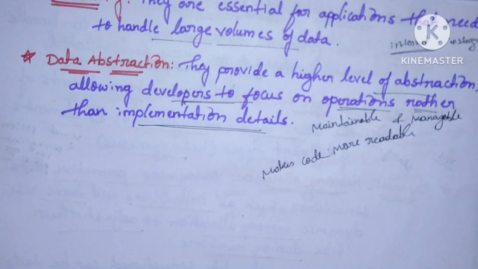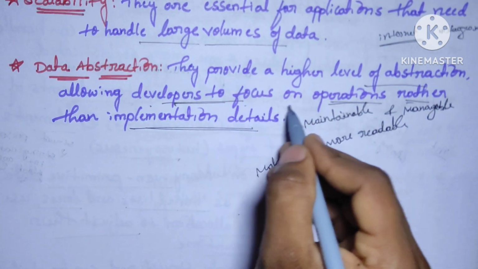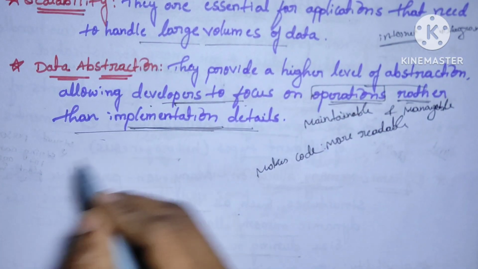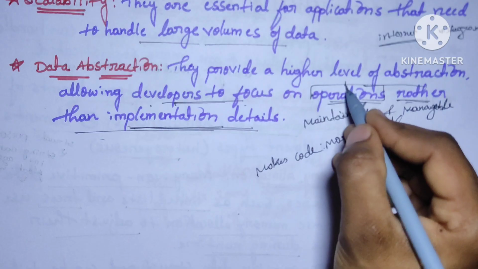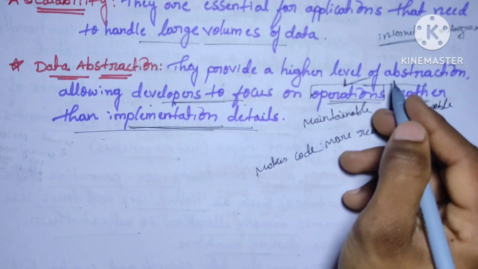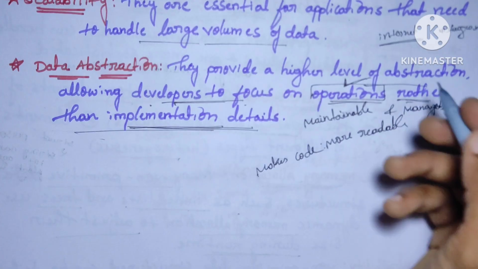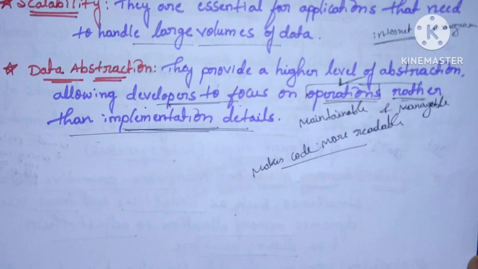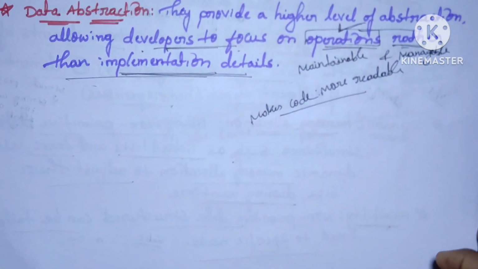So these are the things we have in abstraction: developers only focus on operations rather than implementation details. If I have proper knowledge of what operation will be performed, without any ambiguity, that leads to more readable code. So these are a few characteristics of non-primitive data structures.